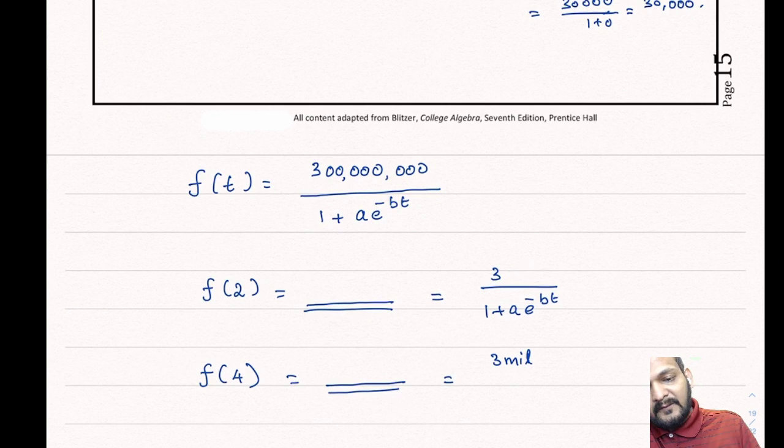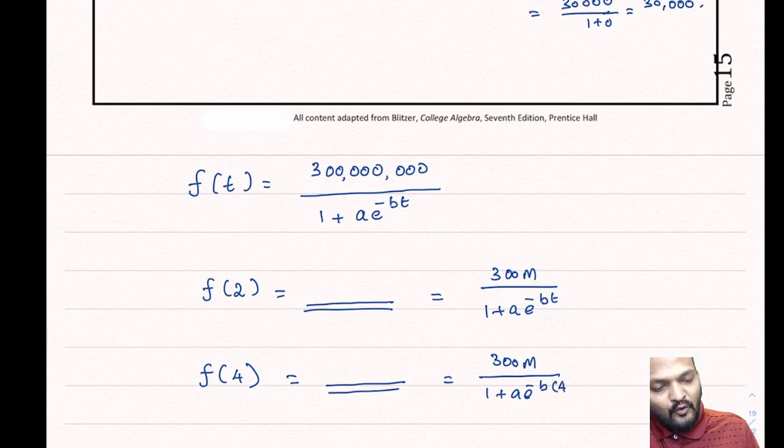So this is also 300 million divided by 1 plus a e to the negative b times, let's call it, after 4 weeks. And the other one we call after 2 weeks. Now you're going to have another equation, so we have 2 equations and 2 unknowns. Using this, try to figure out the a and b and see what you get.